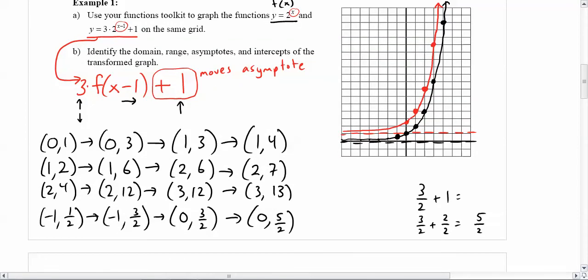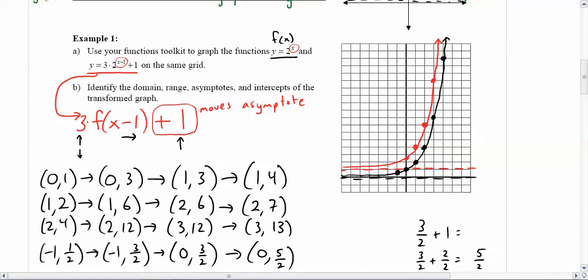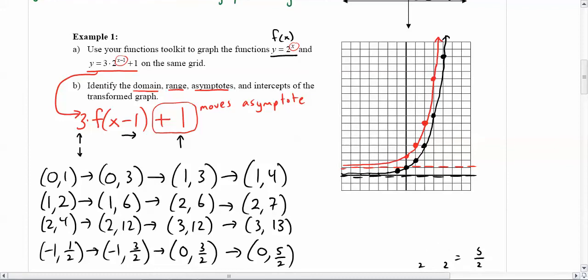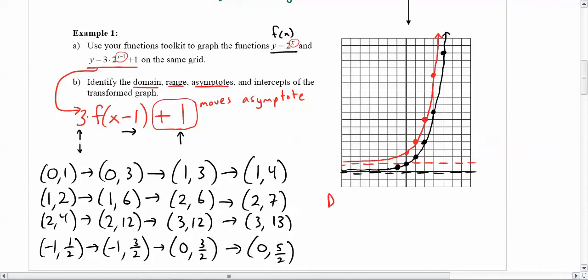Okay, so you can use that principle to draw any transformation of an exponential function. We can determine some of the aspects of this graph. So right below here, we'll write down the domain and range and everything.